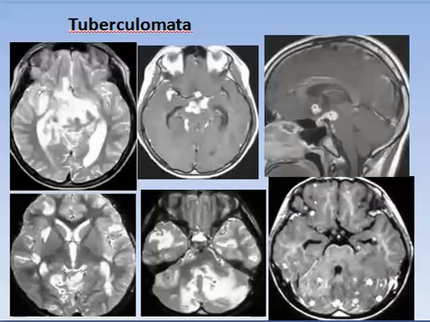So we have tuberculomata, which could be small or large, targeted or cavitated, solid, and may calcify sometimes.